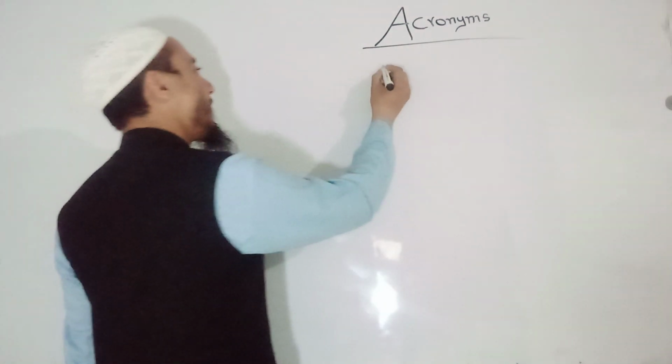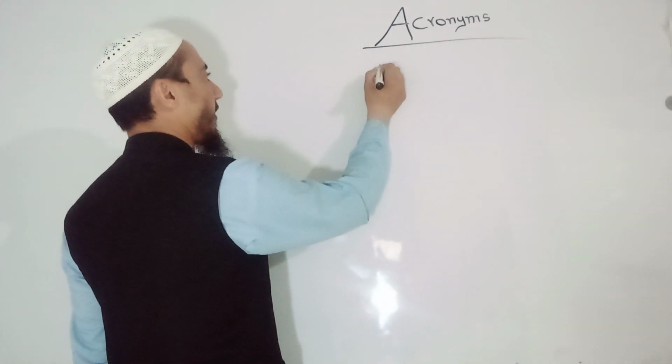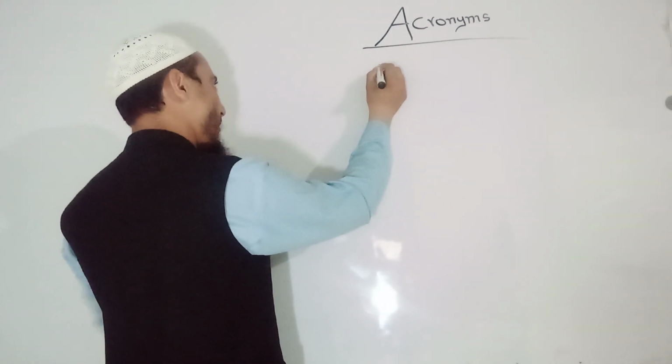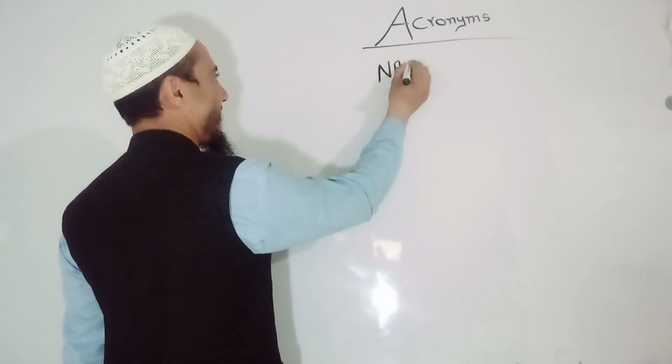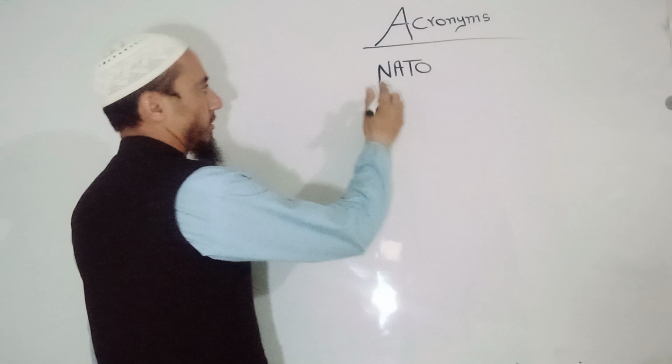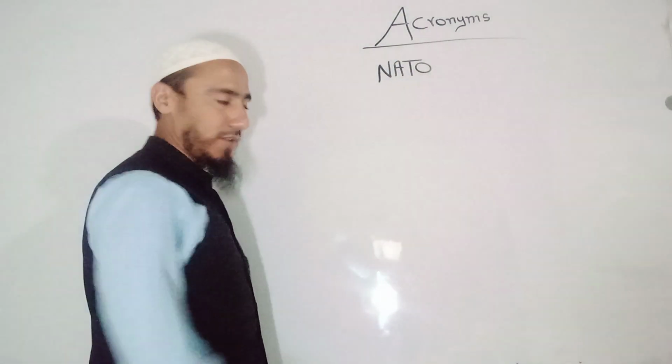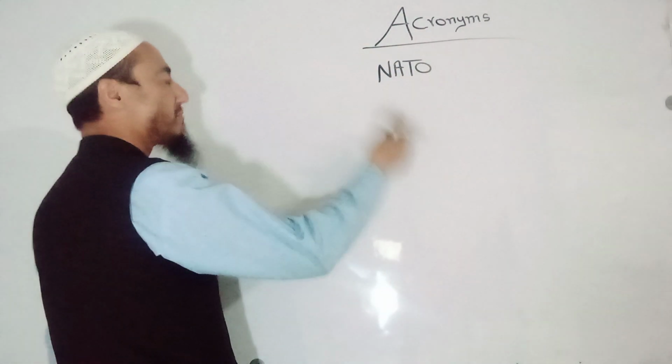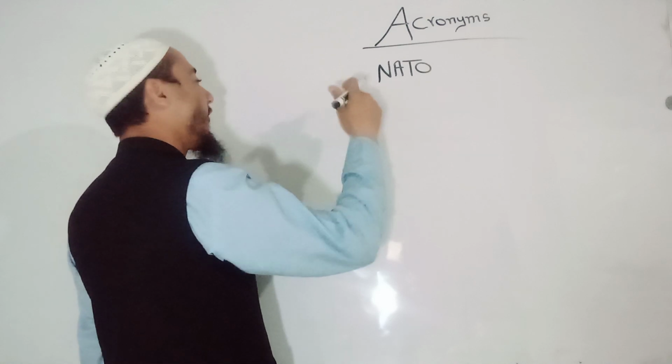For example, take the example of NATO. This is an example of acronyms, and this is how it was formed.